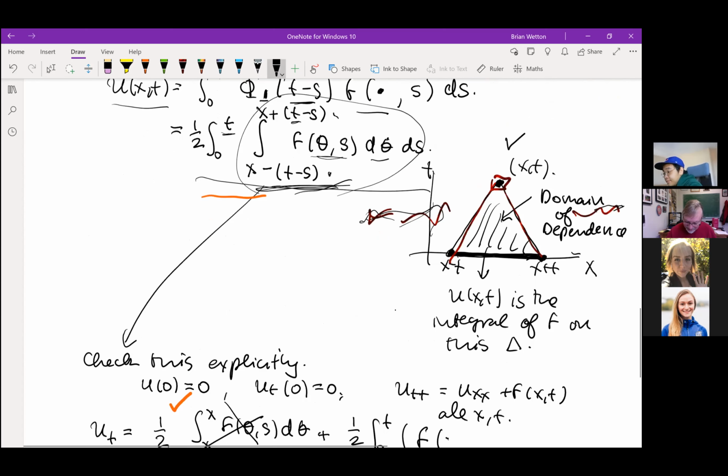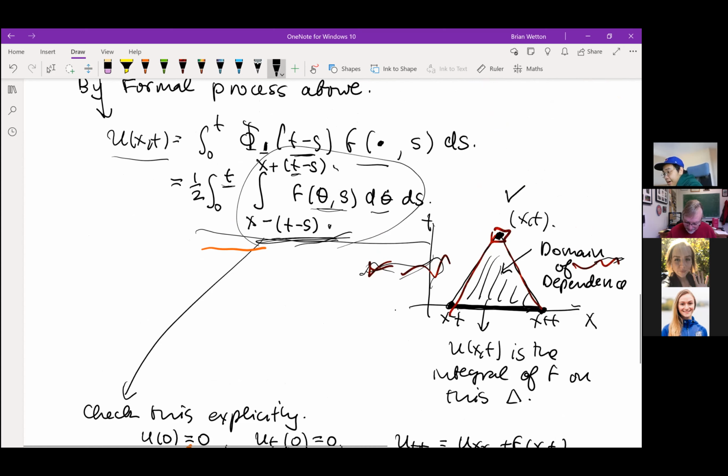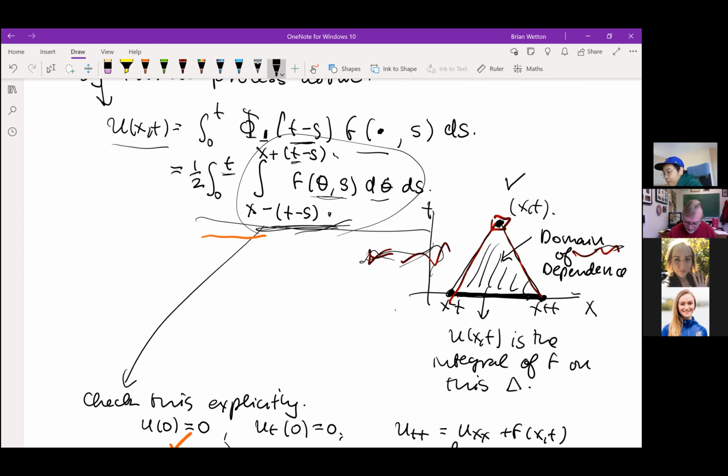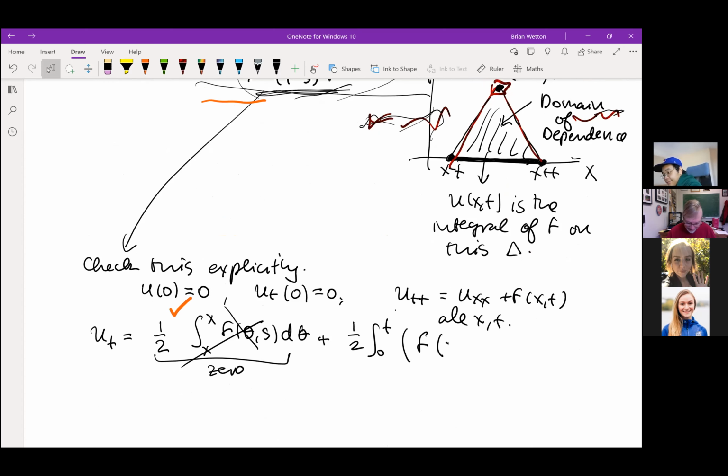Okay, I'm missing an argument in the next one. So this is the integral with theta. So I'm going to have f at x plus t minus s and s. Okay, so that's missing from the notes, right?